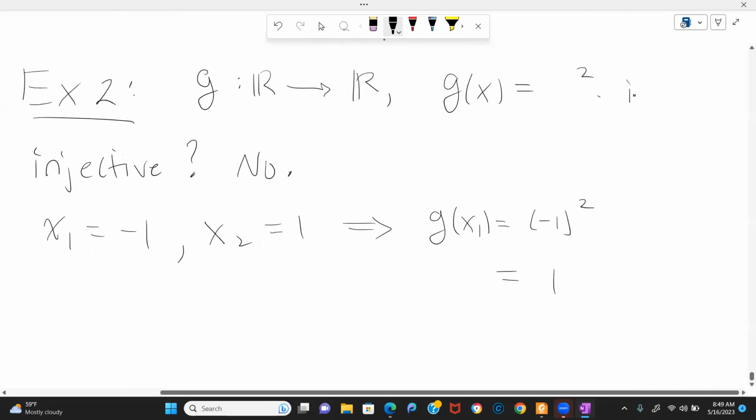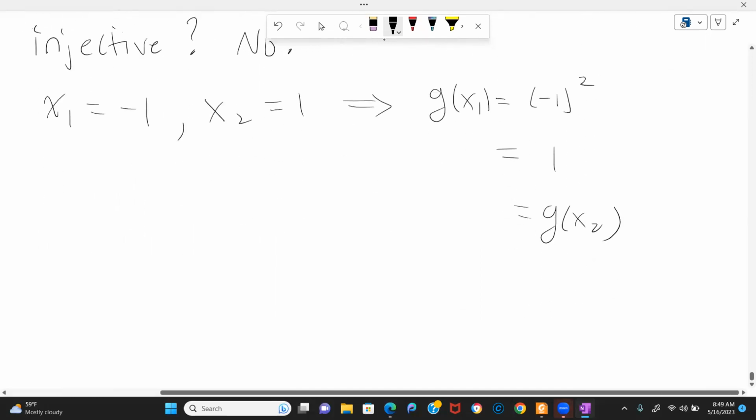But when you square 1, you get 1, and that's just g(x2). So x1 is not equal to x2, yet g(x1) equals g(x2).